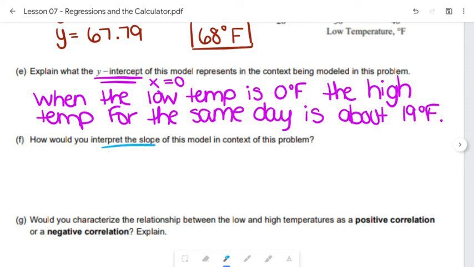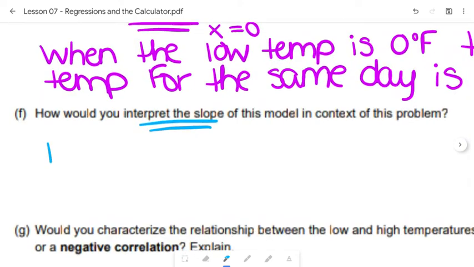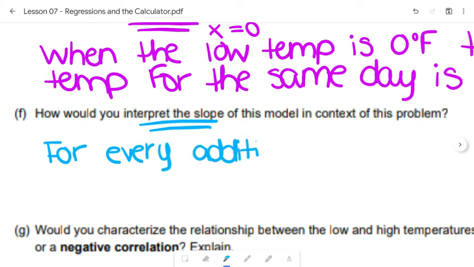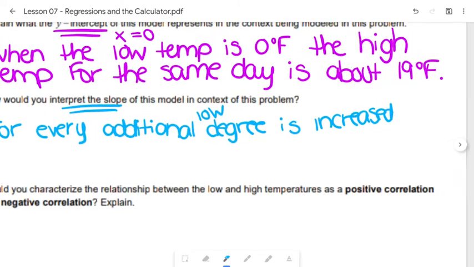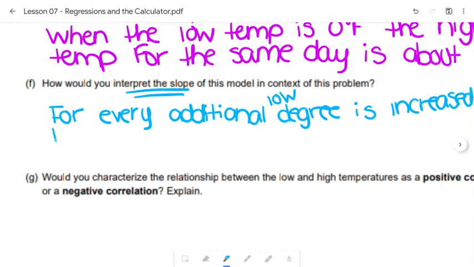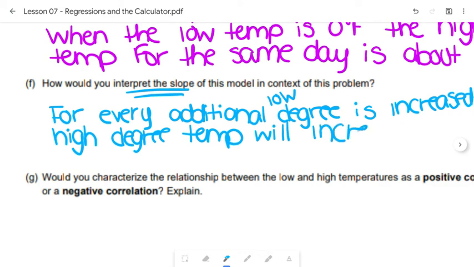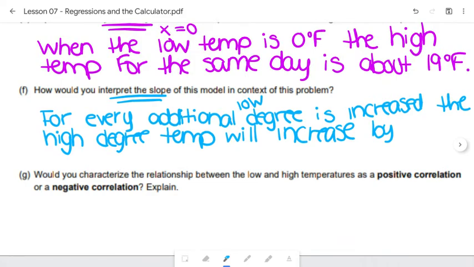Now if we want to interpret the slope, let's say for every additional degree the low is increased, the high degree temp will increase by 1.16.